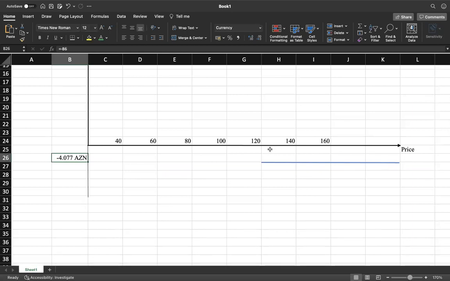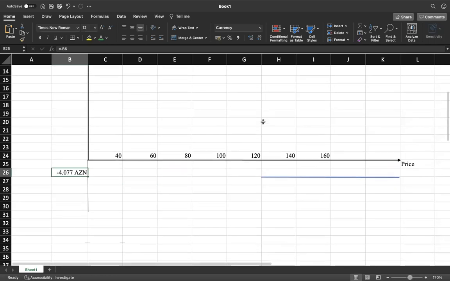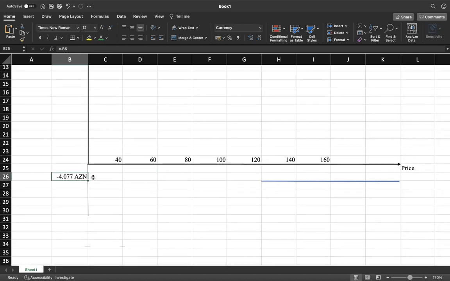But if share price starts to decrease from 120, my profit, in other words my loss, is getting decreased. Till where? Let's calculate it.